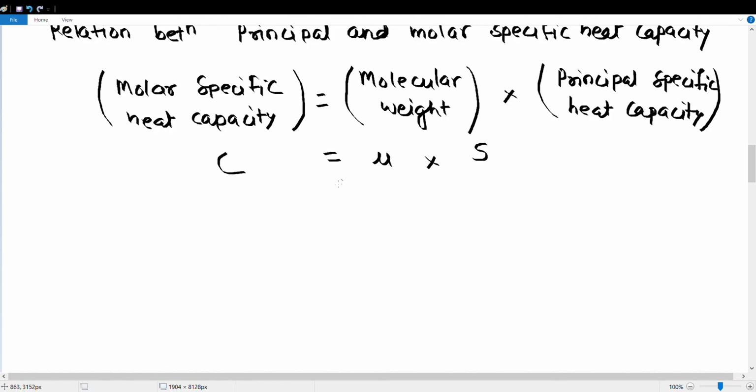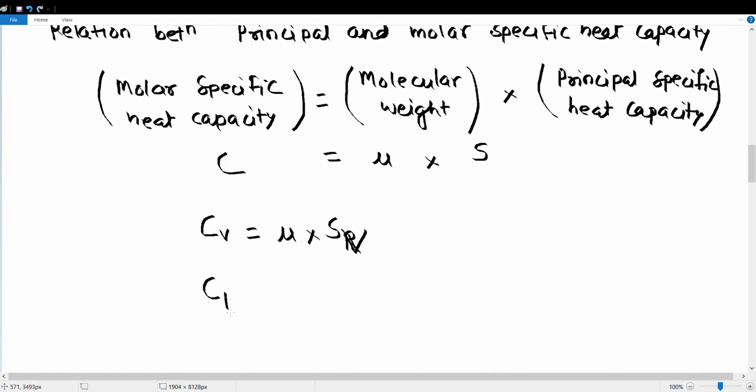From this, one can define the relation between principal and molar specific heat capacity at constant volume. For constant volume, the molar specific heat capacity is denoted by Cv, and this is equal to mu times the principal specific heat capacity at constant volume, Sv.